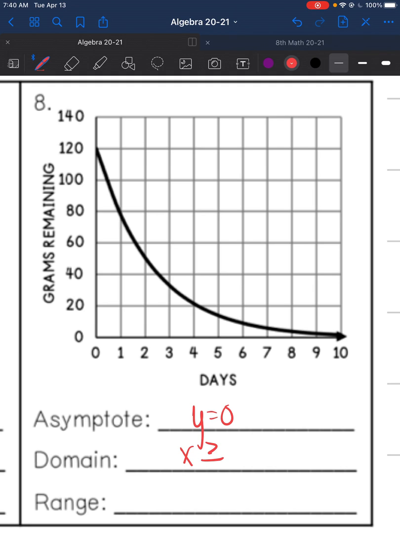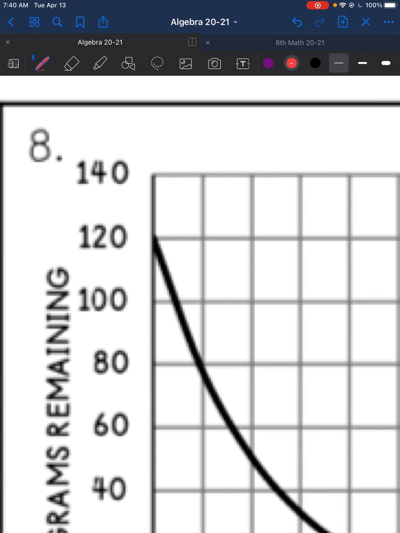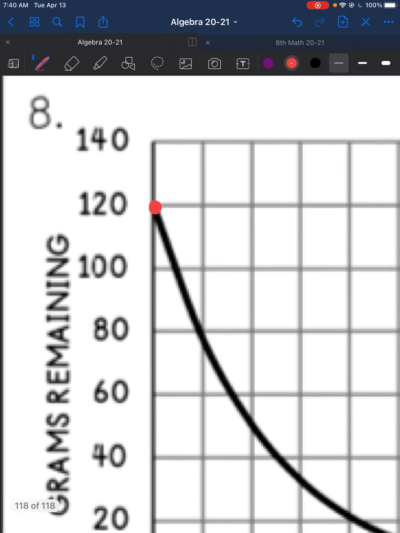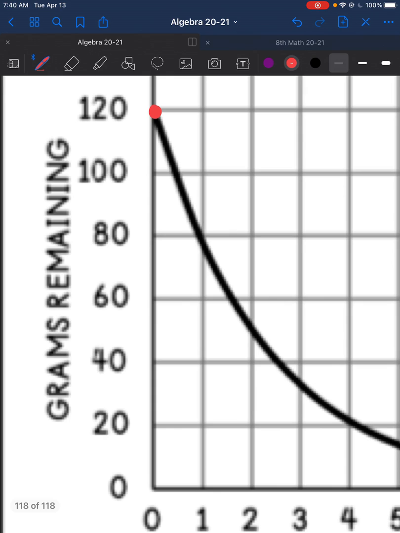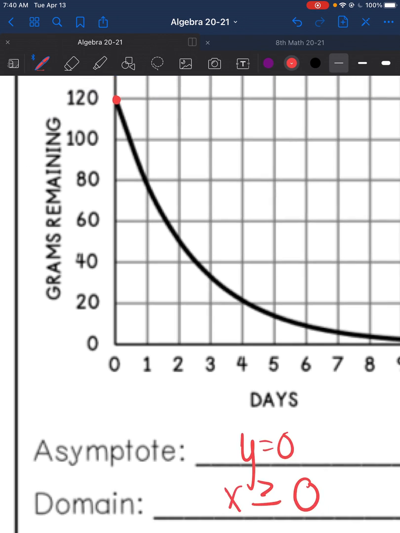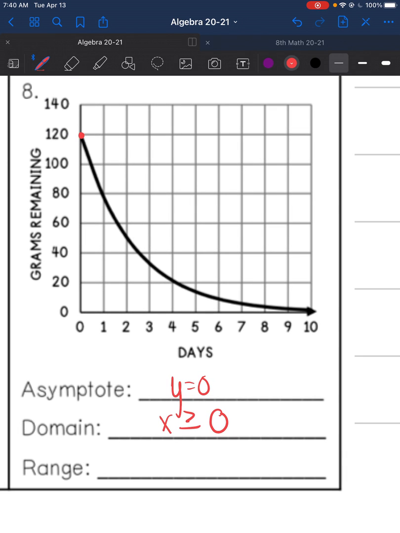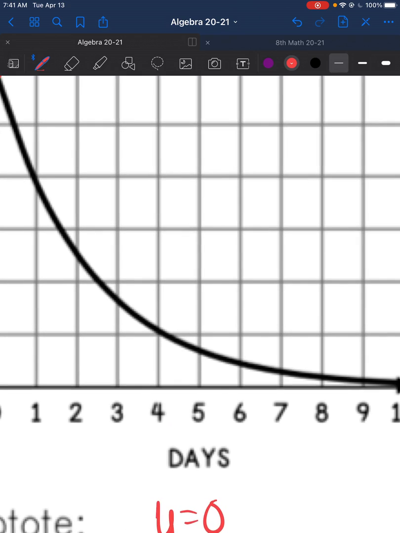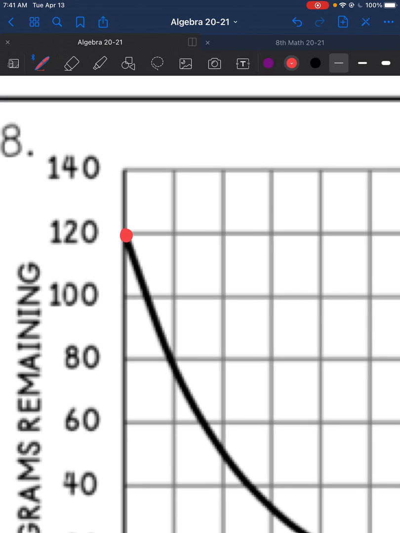But x is greater than or equal to 0, and it's equal to, because here we are, x is equal to 0 there. And our y, it's approaching 0, but it cannot equal 0. But it continues on forever, but it only starts, or it stops right here at this value as well.